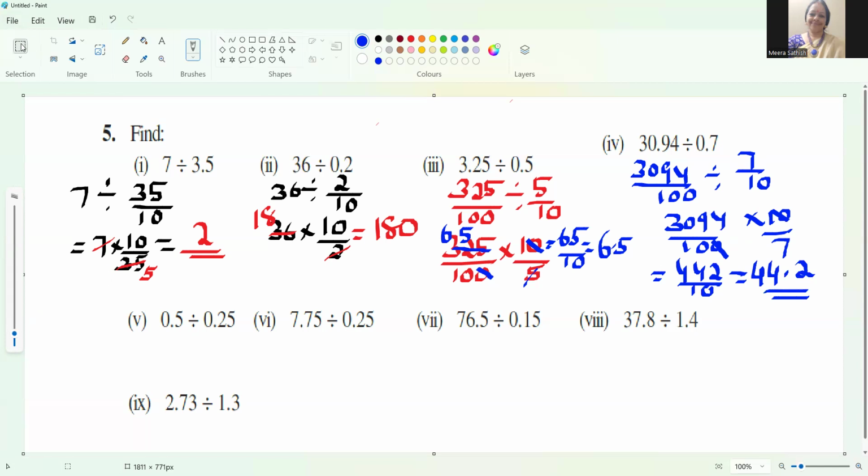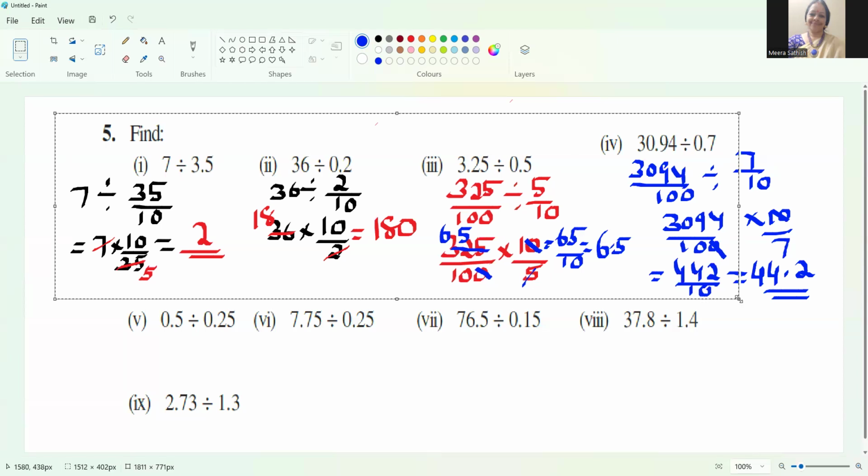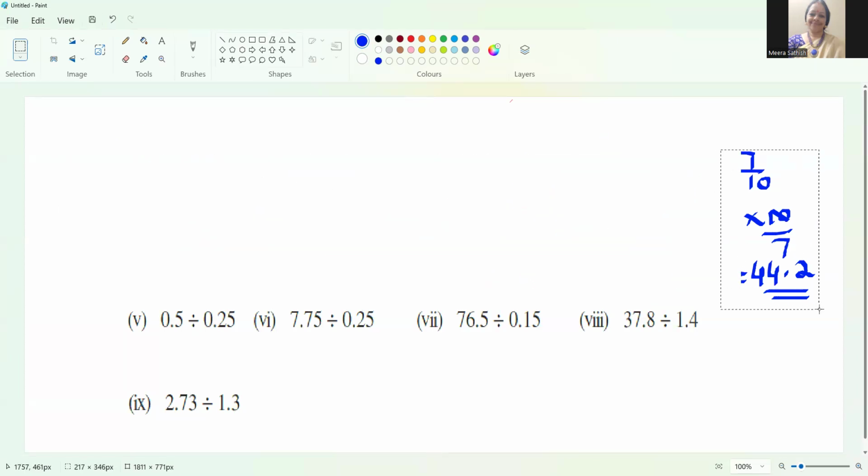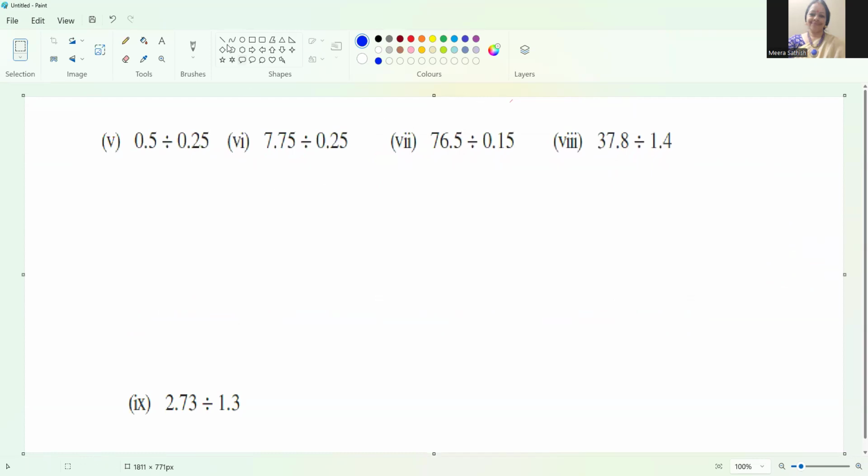Clear? Now I will remove this because I need more space here to simplify. So if you can pause the video and note it down. Now, 0.5 by 0.25.